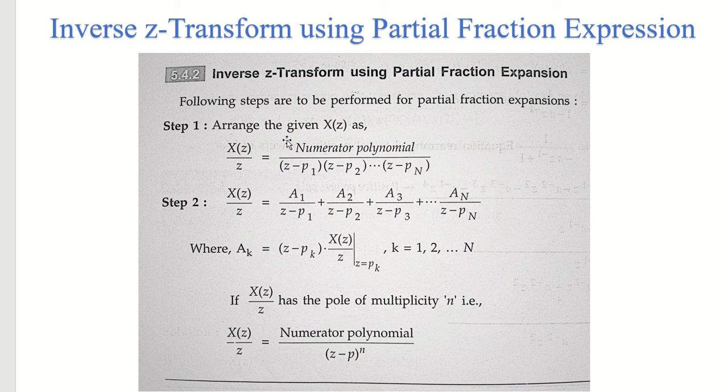Now in step 2, you separate the whole thing: you take a1, a2, a3 up to an separately, and the denominators z minus p1, z minus p2, z minus p3, up to z minus pn. The value of ak will be equal to z minus pk times X of z divided by z, evaluated at z equal to pk, and the value of k keeps changing from 1 up to n.